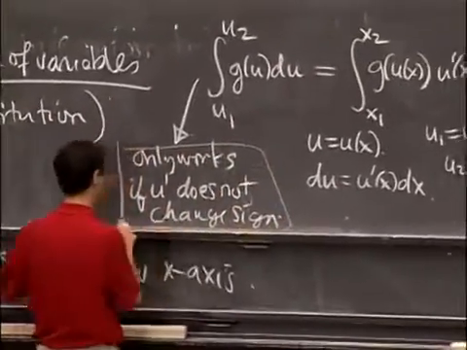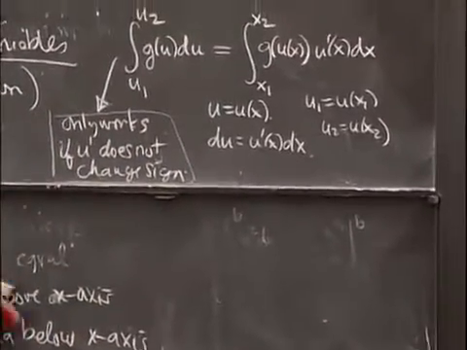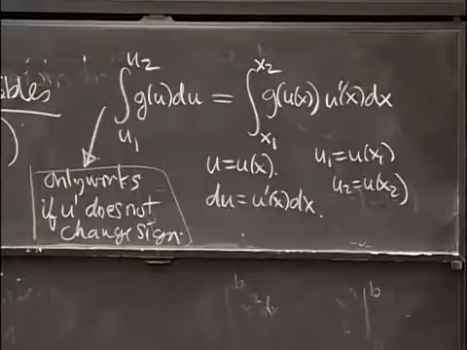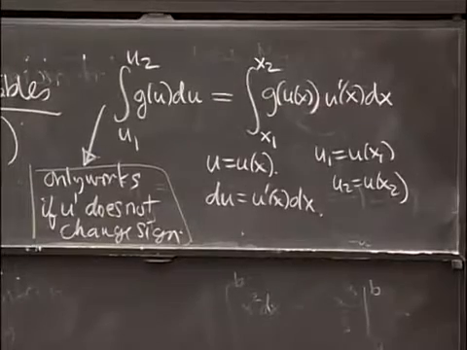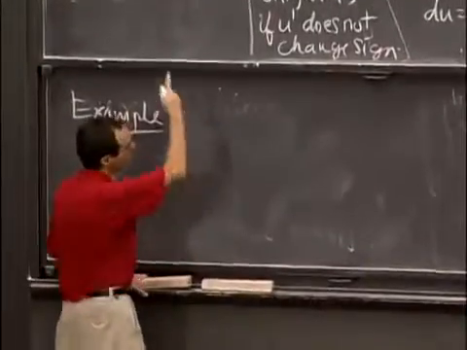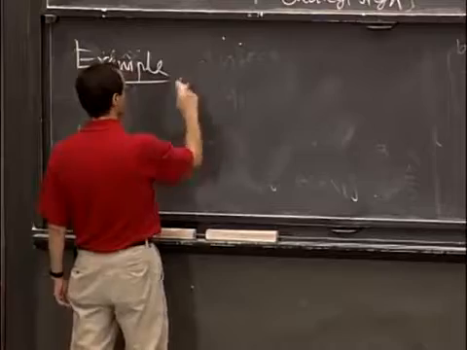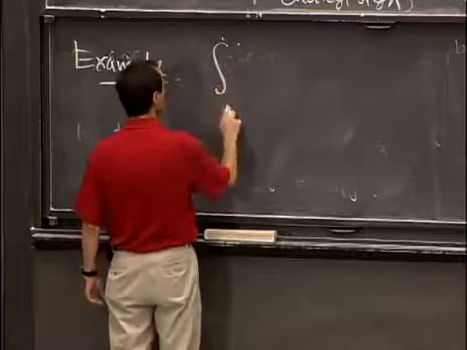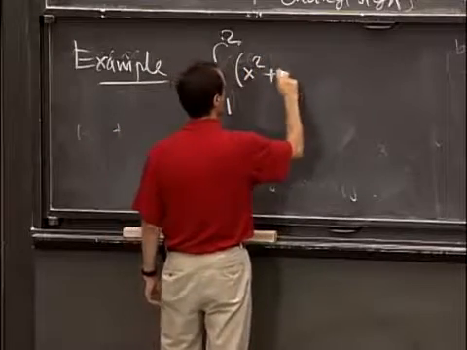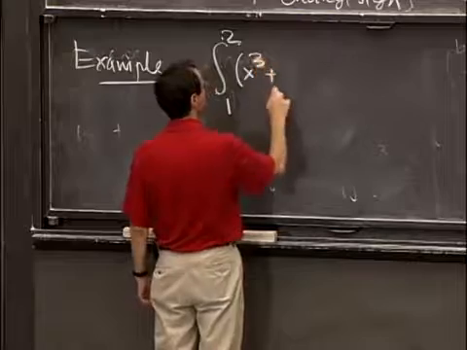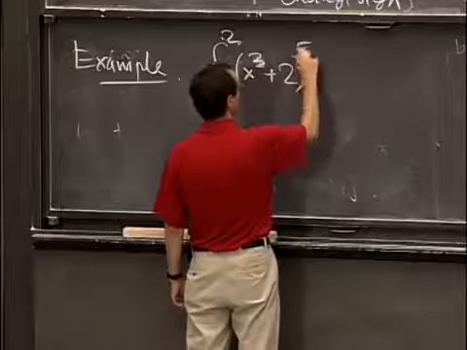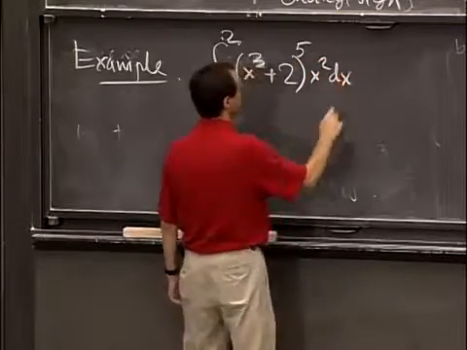All right, let me give you an example. The example will be maybe close to what we did when we first did substitution. Let's see. So the integral from 1 to 2, this time I'll put in definite limits, of x cubed plus 2, let's say, to the 5th power, times x squared dx.